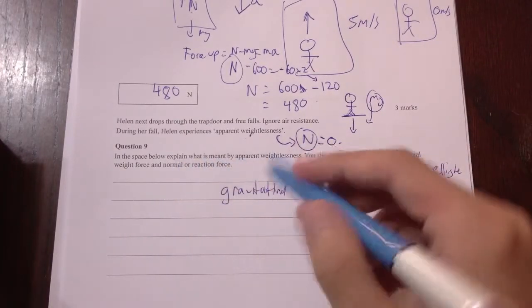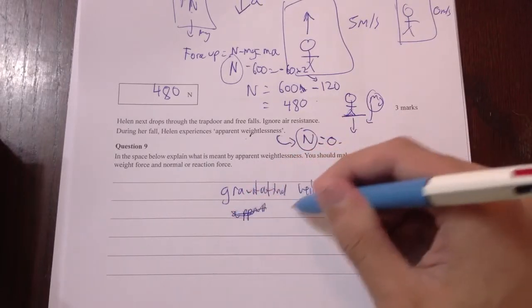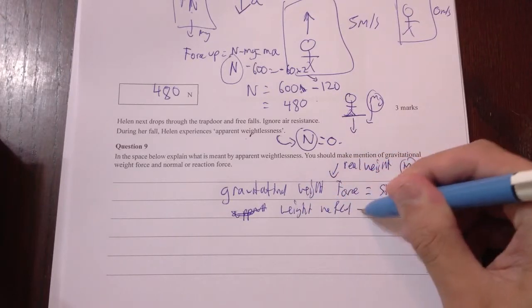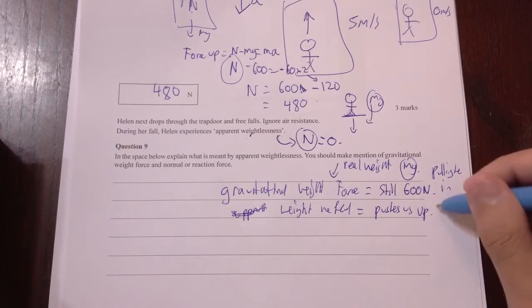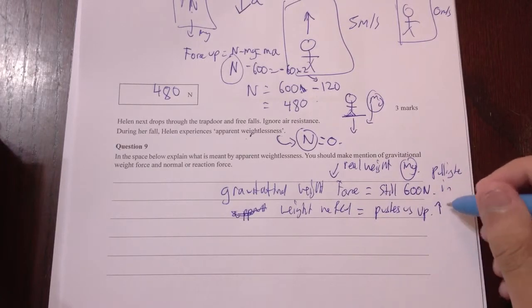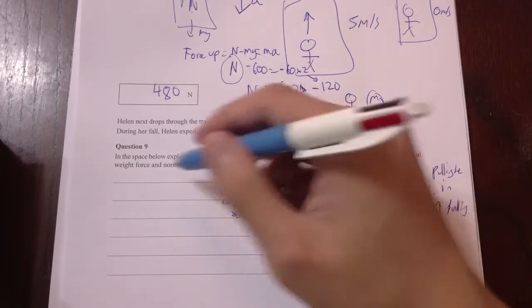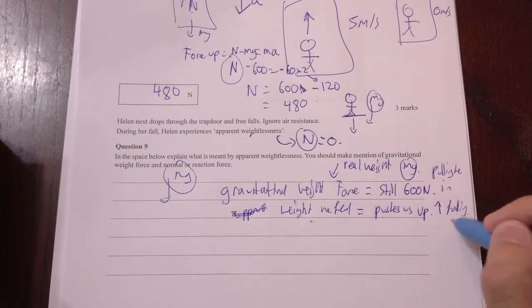Now the thing is, apparent weightlessness, our weight that we feel, is what pushes us up. And that stops us from falling forever. Like if we were falling forever, something's stopping us. Otherwise we'd have a constant mg pulling us down. That was the net force. We'd always be accelerating inwards. So the weight we feel is that.